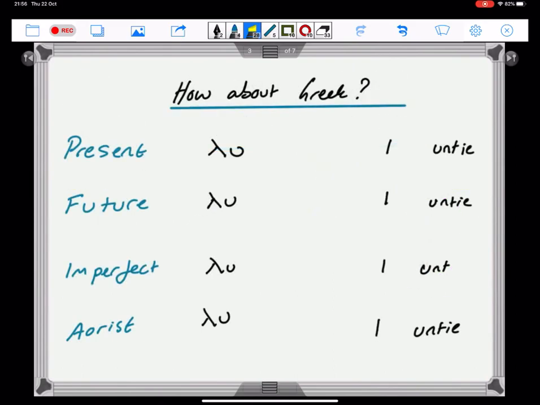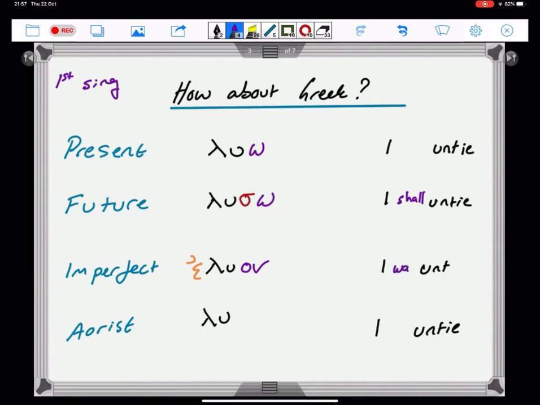So how do they work in Greek? They're really rather simple. Luo. We'll give you the first person singular endings here. You add your endings, as you've seen. For the future, you add a sigma, and then you add the endings you already know. Shall. For the imperfect, you add an augment onto the front, then you add some more endings.